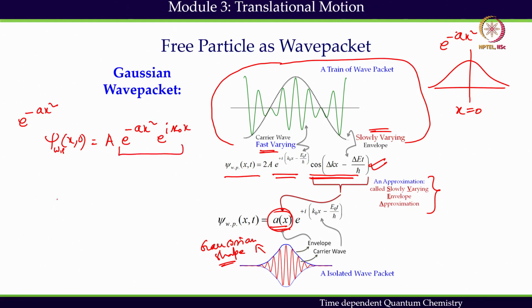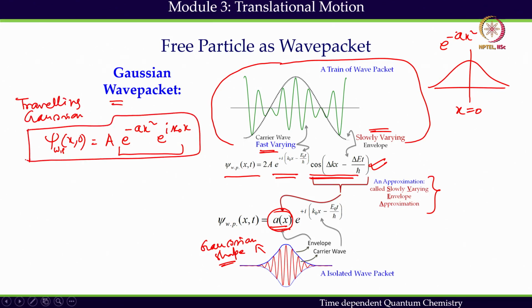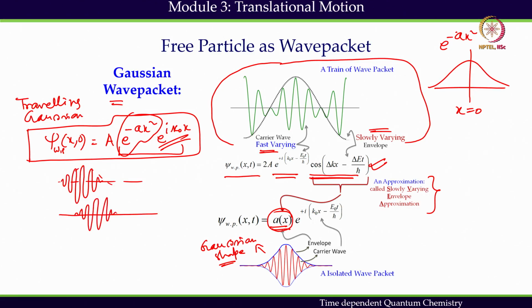Combining these two, this part will move. So, basically I have a moving Gaussian wave packet, a traveling Gaussian wave packet. Then I have to use the initial wave packet like this, where this is the Gaussian function and this is the plane wave part, and then it is actually moving. How is it moving? At a particular time it will be like this, after a particular time it will be like this, and after a particular time like this.